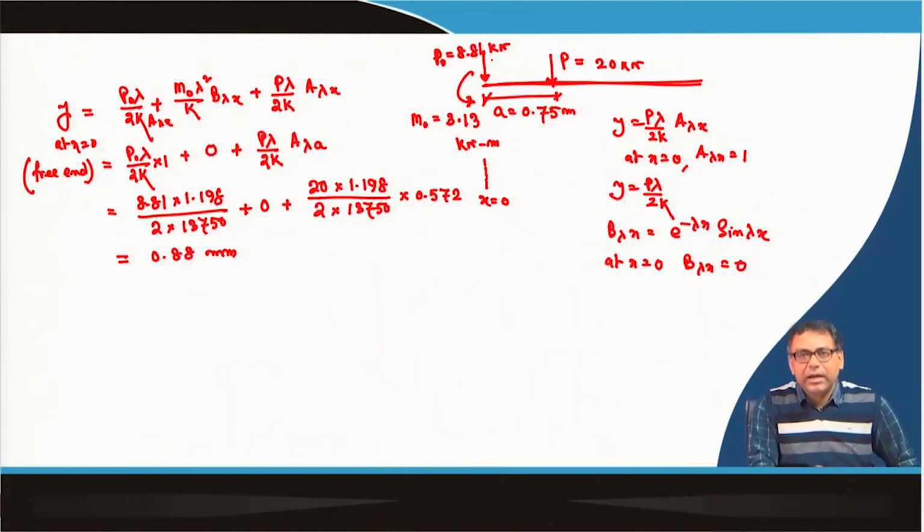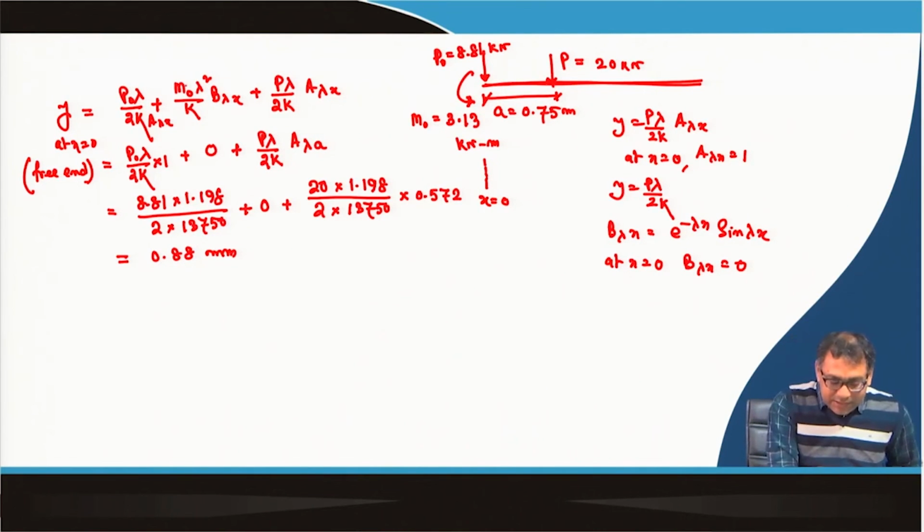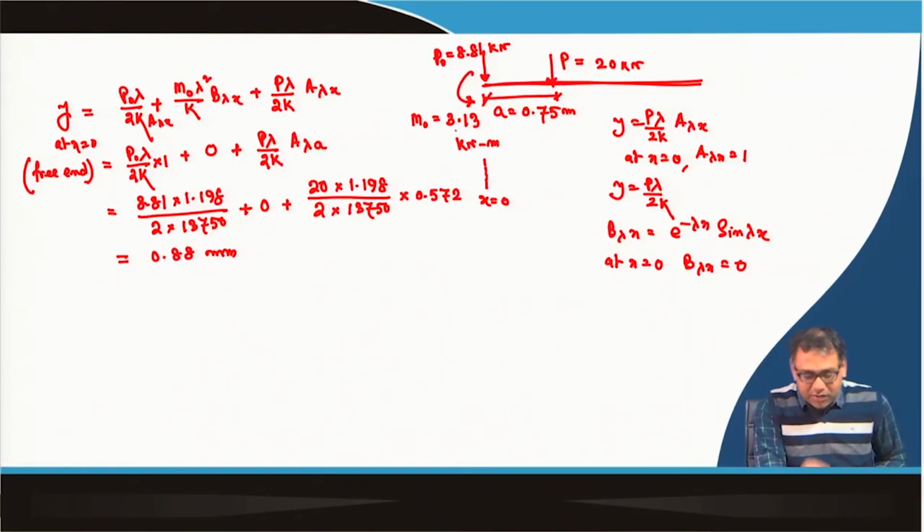Now, remember one thing I want to mention here, the second term is coming 0, so we can just make the whole term 0, but you can see here M0 is written. When you write M0, you do not write 3.13. If suppose B lambda x is not 0, maybe some value, in such case M0 should be minus 3.13, because this is a general expression, and here the M0 is clockwise moment.